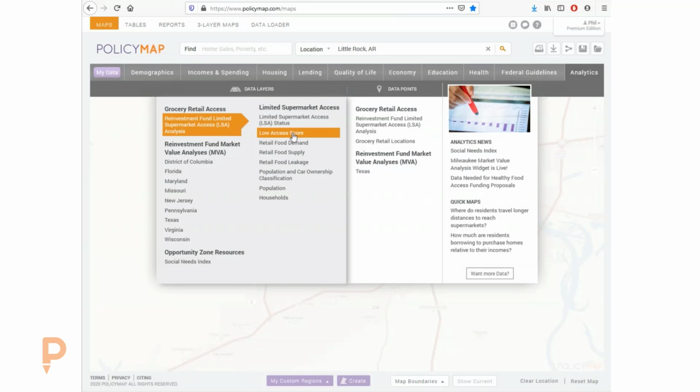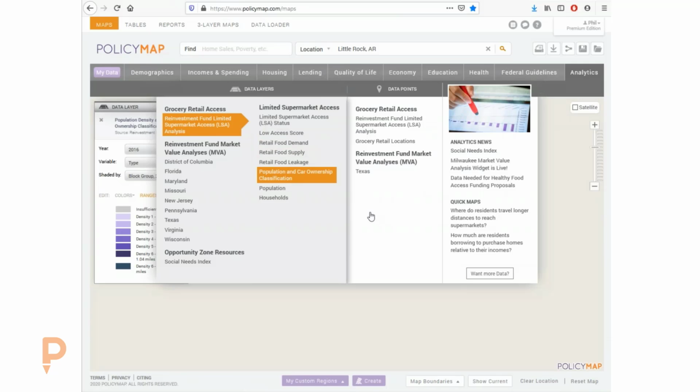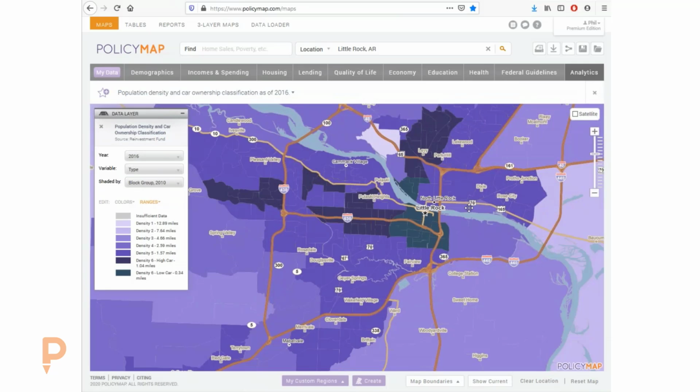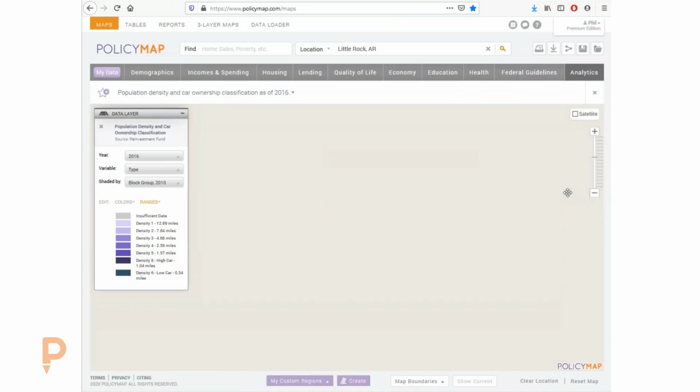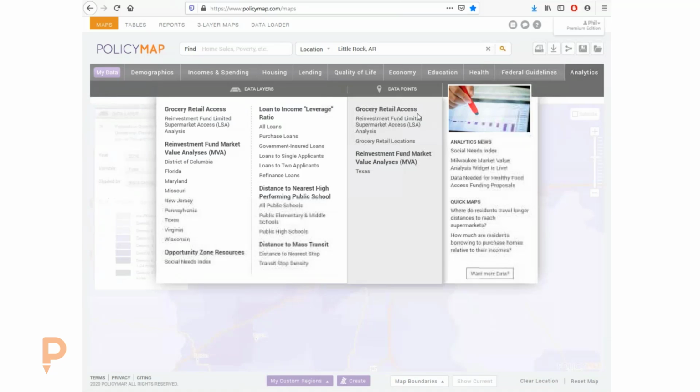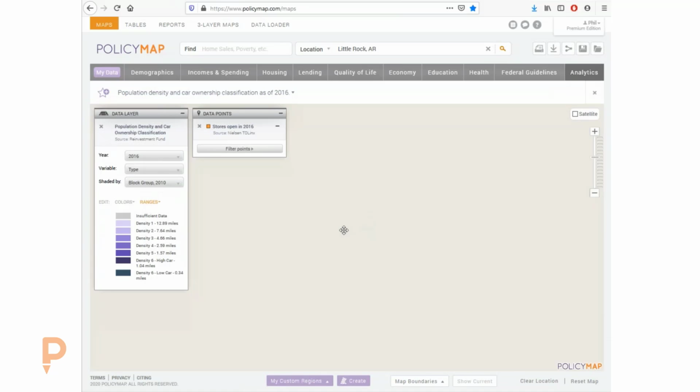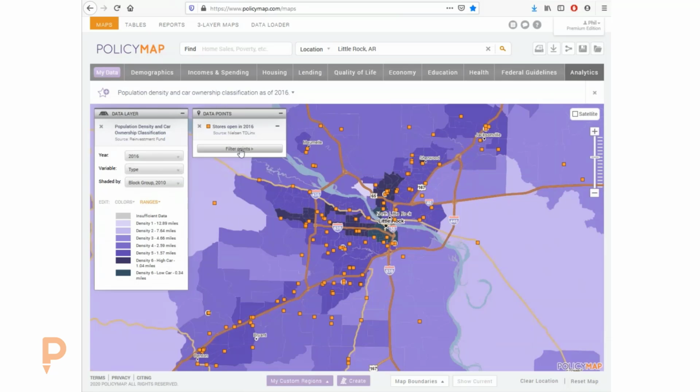So if we were to first look at car ownership, that's one of the methodologies, right? And let's put grocery stores. You can kind of see how these two tie together. So points are the grocery stores. With the points, you can filter the type of stores. And this is the big distinction for us.